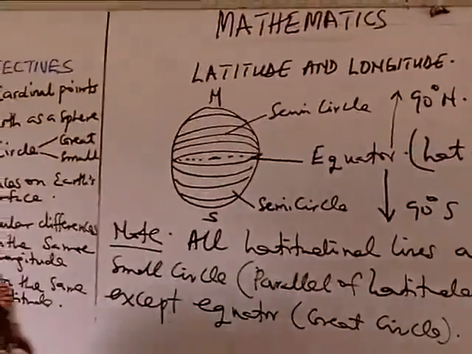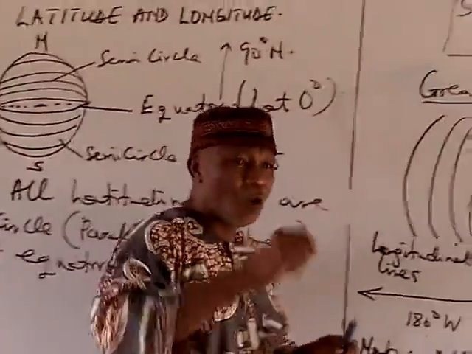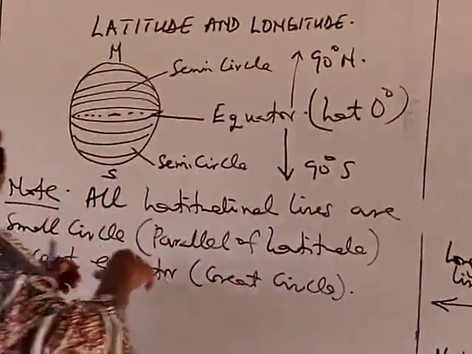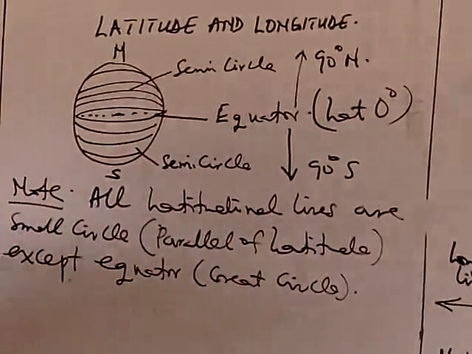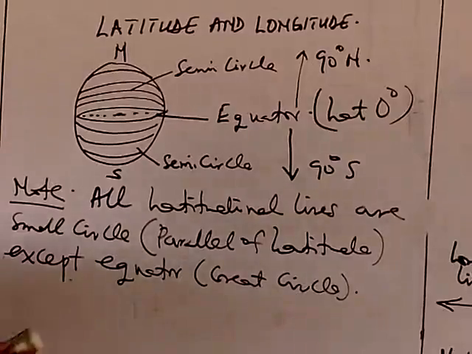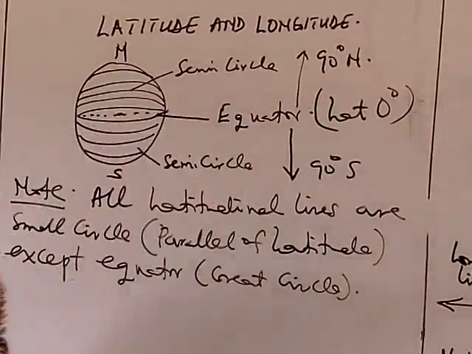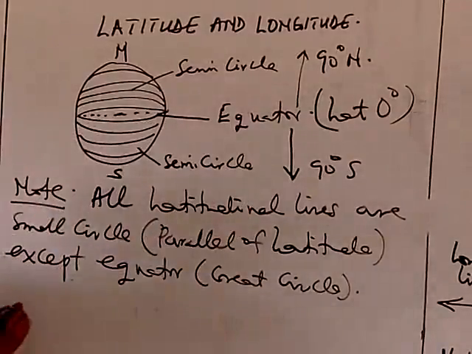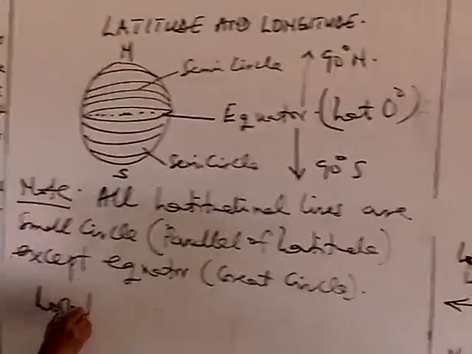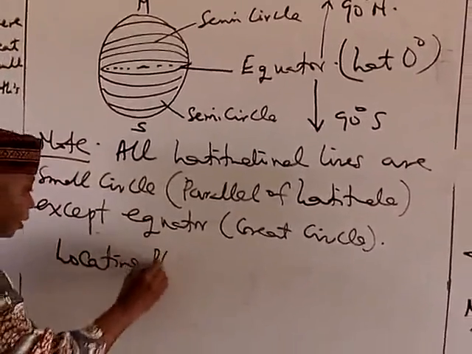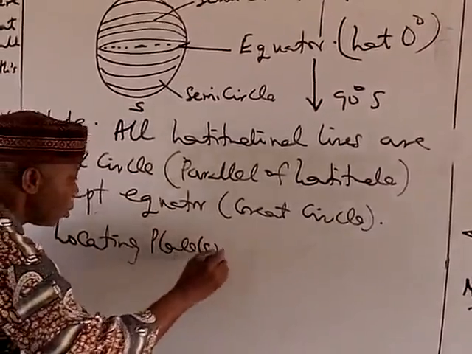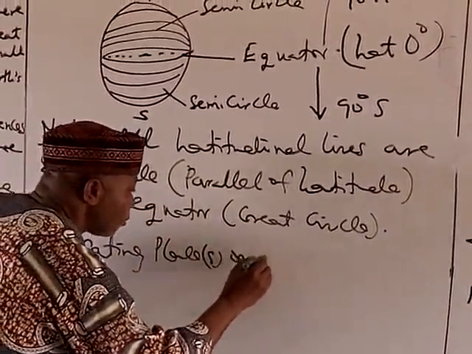Now, how can we locate places on the earth's surface? For example, locating a place or places on the earth's surface.